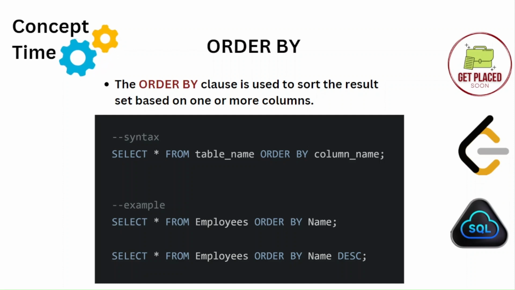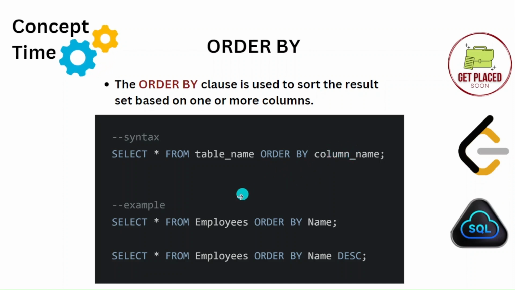Now let's see the syntax. SELECT *. Star means you are selecting all the columns from the table. So from this table we are selecting all the columns and we are using the ORDER BY clause, and we will mention the column name by which the table should be sorted.